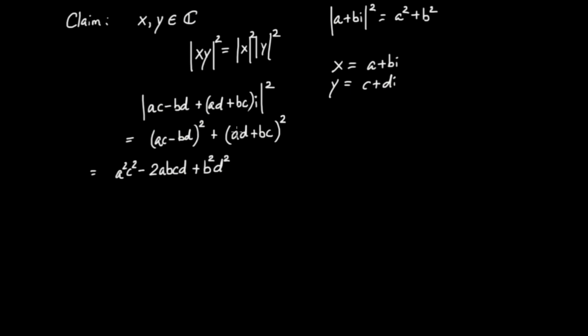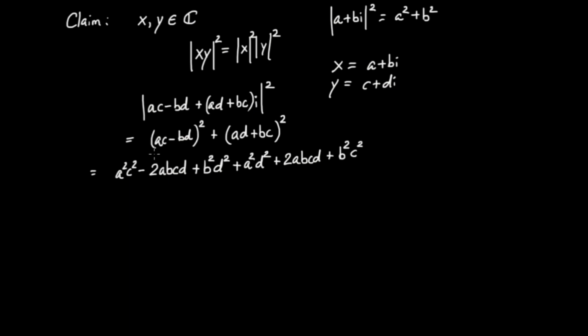And now I'm going to square out this second term here. I have plus a squared d squared plus 2 times, again, we see a, b, c, d. So 2 times abcd. And then finally, I have plus b squared times c squared.